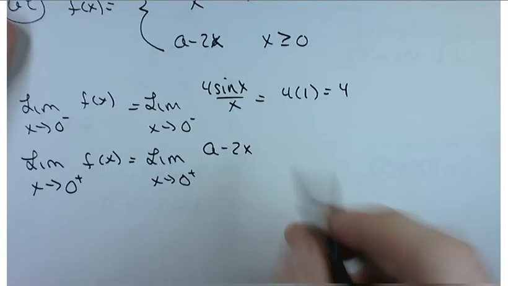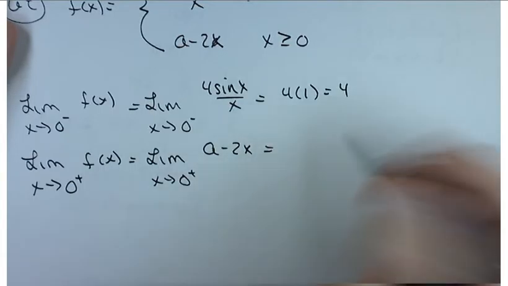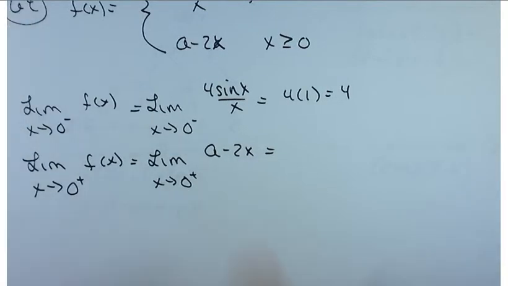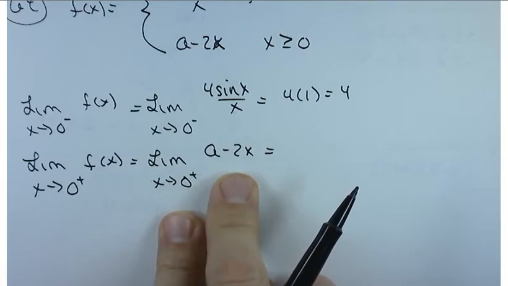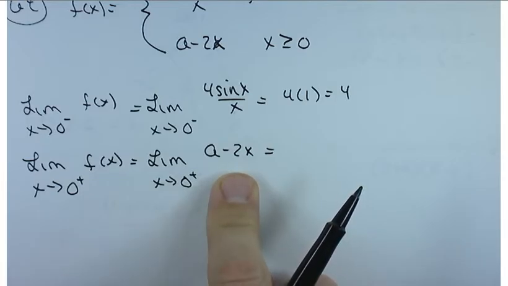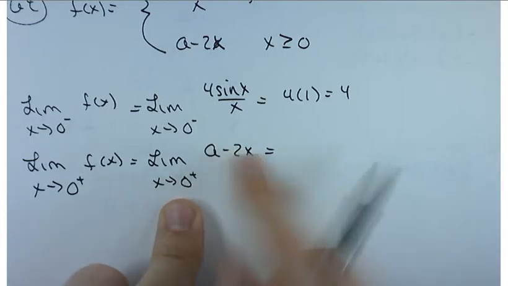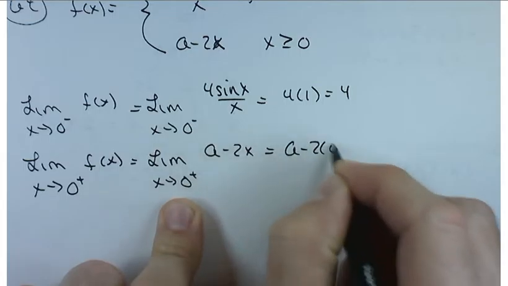And what's that limit? Well, we want it to be 4, but what is it here? Just a, right? Because if you plug in the limit, it's a minus 2 times 0, or just a.